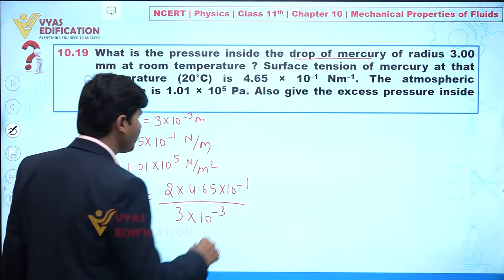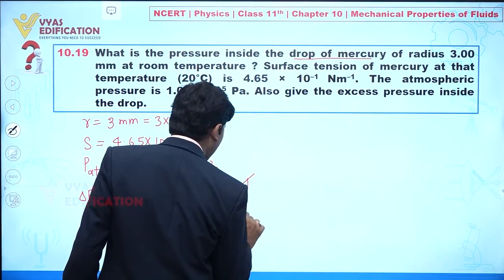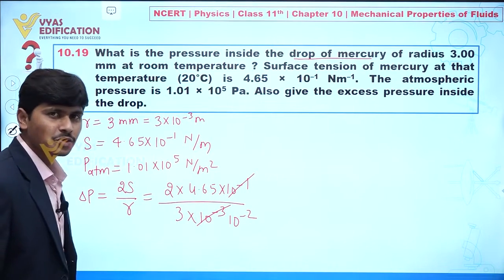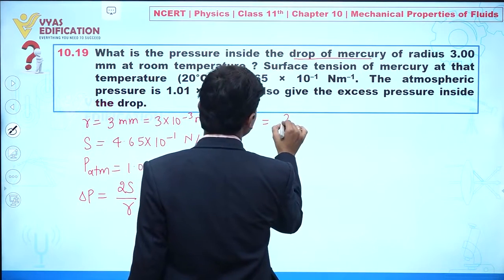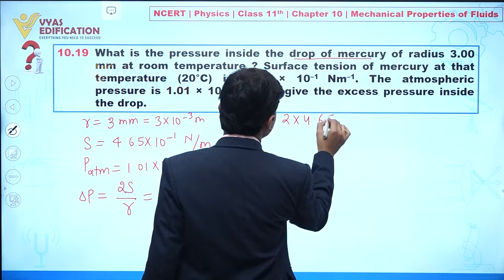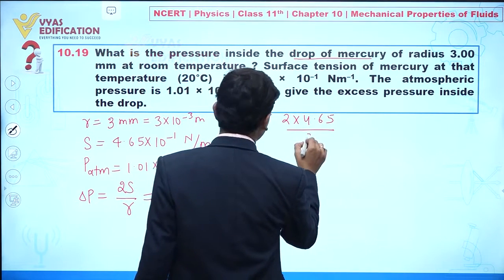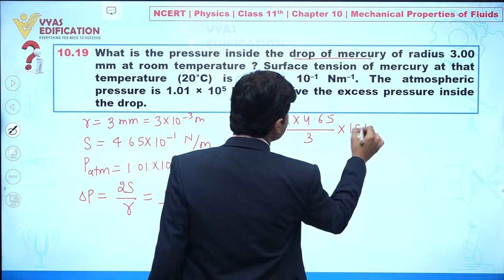So from here this one and this one cancel out, and I can say this is 10 to the power minus 2. So the excess pressure is given by 2 into 4.65 divided by 3 into, I can say, 100.